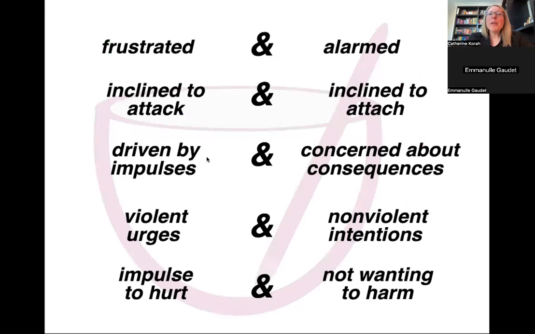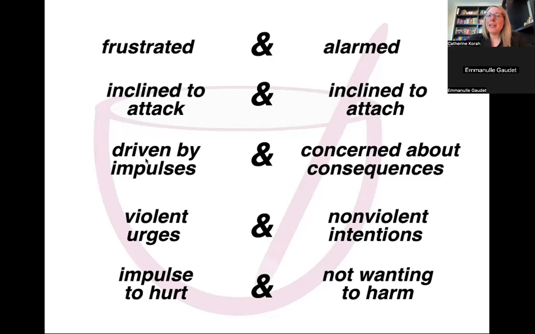And so what we need to do to help our students and children grow in terms of their impulses to attack is not to make them feel embarrassed or ashamed about those impulses. It is about helping them have perspective that even though you are inclined to attack, your inclination to care and to attach is just as important and helps to neutralize the inclination to attack.